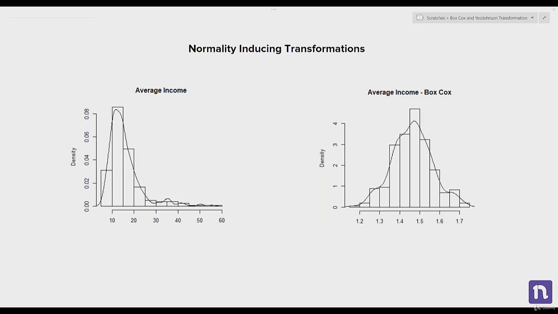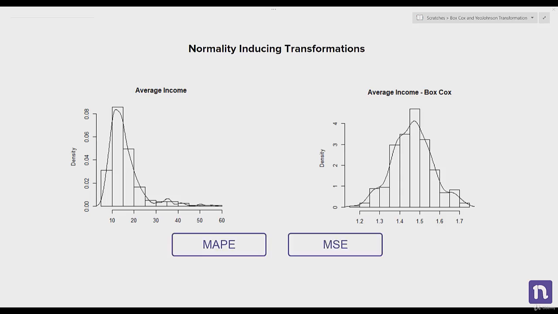This is of great significance because fitting a model on a transformed variable, especially Box-Cox and Yeo-Johnson transformed variables, tends to perform better in terms of performance measures such as MAPE and mean squared error compared to the raw variable itself.